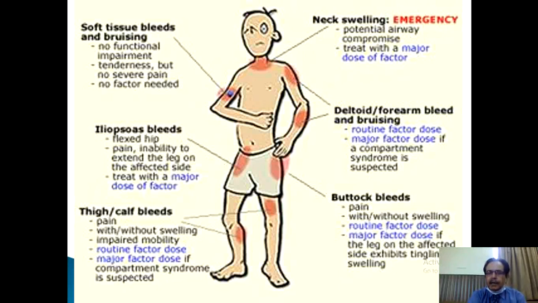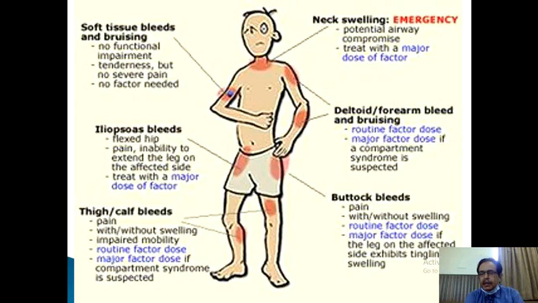Compartment syndromes can usually occur in the limbs, upper and lower limbs, and the main features of compartment syndrome are that the patient can have pain, pulselessness, and paresthesias, and the patient can have paralysis if you do not intervene at an appropriate time or urgently.